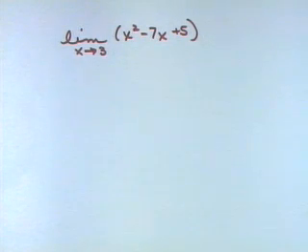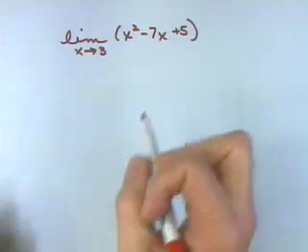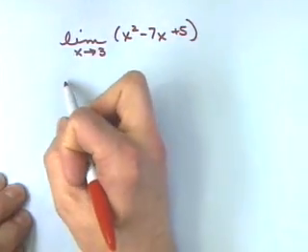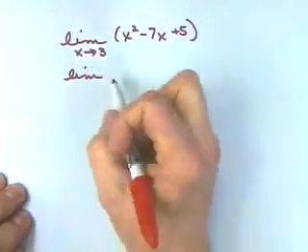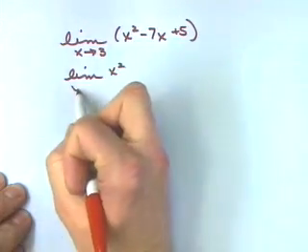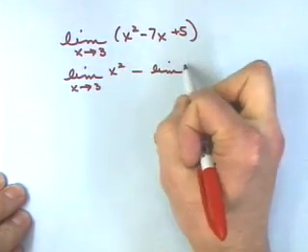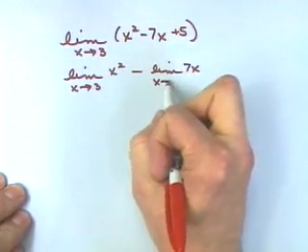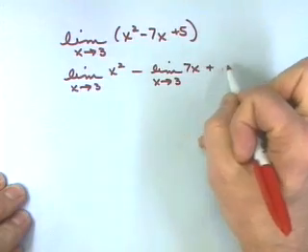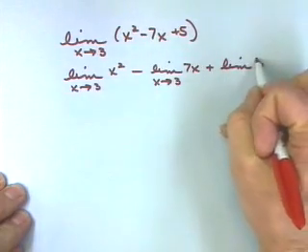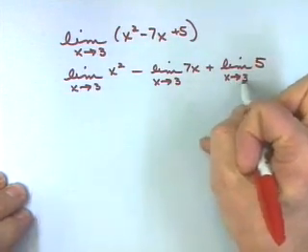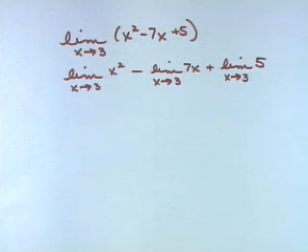So as x approaches 3, according to the limit laws, this ought to be the limit of x squared minus the limit of 7x, x going to 3, and we could continue to use these limit laws. In fact, we have some choices as we simplify them.